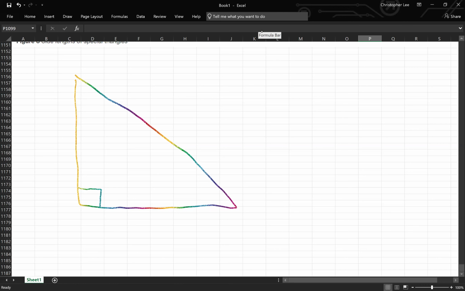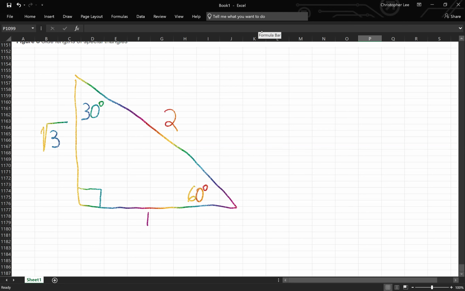This triangle will be called a 30, 60-degree triangle. Opposite the 30-degree angle, the leg will be 1, the hypotenuse is 2, and then the other leg adjacent to the 30-degree angle will be square root of 3.